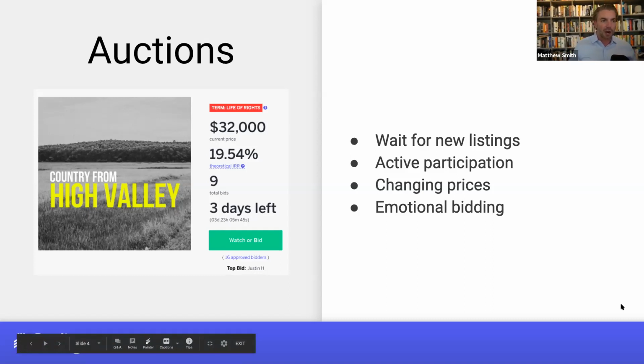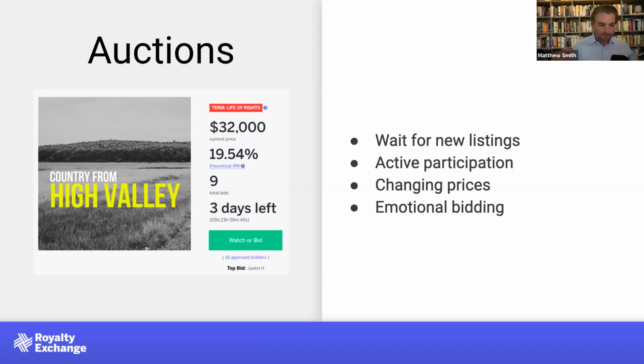Now, the auction house is still the primary way that we originate assets onto the Royalty Exchange platform, and it's a great way to learn about these catalogs and definitely to acquire assets. But it's not the only way. Obviously, I assume you know at this point about the secondary market that we have, where you can place individual bids as well.